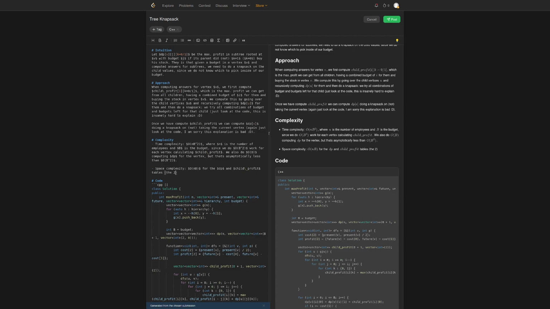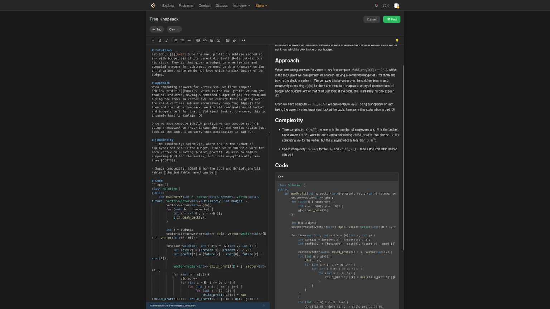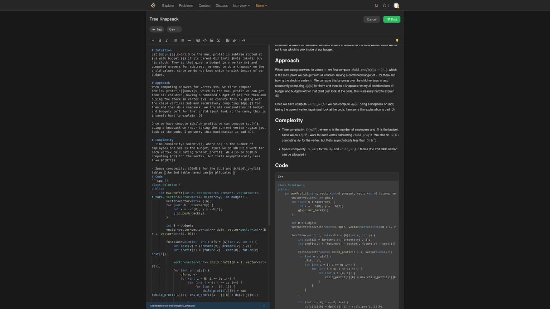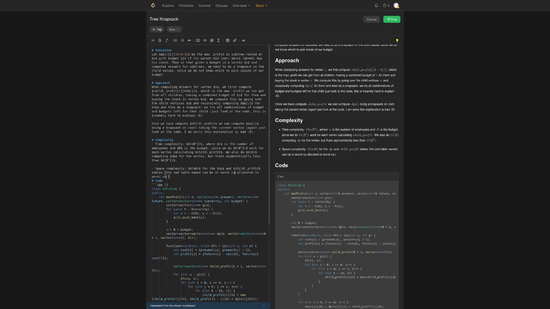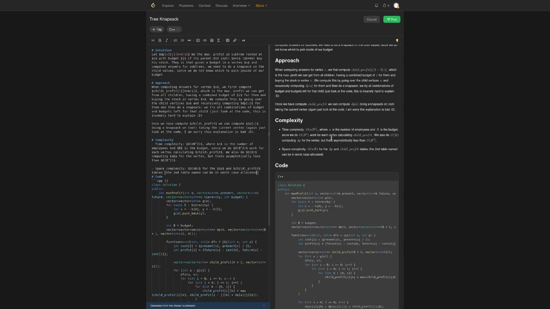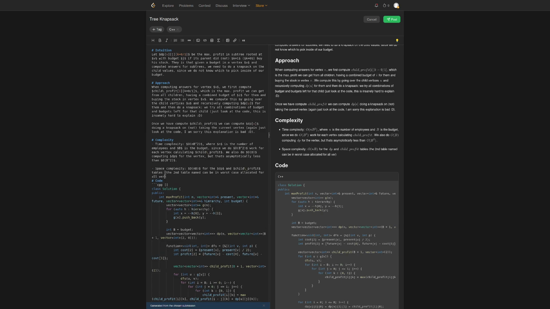The second table can be, in worst case, allocated for all vertices if the tree is a line.